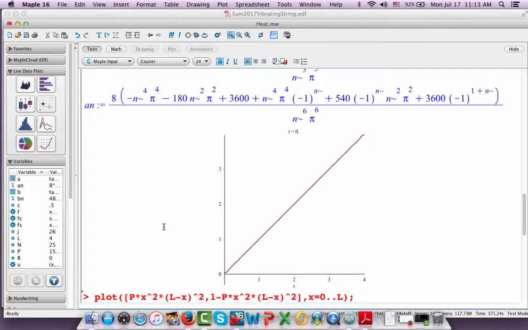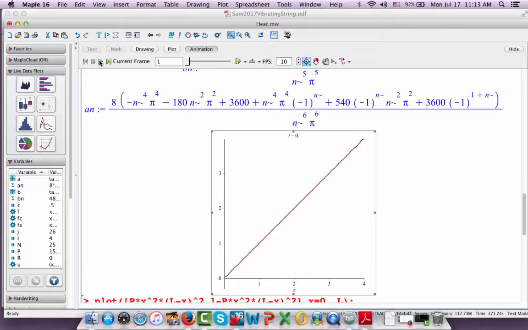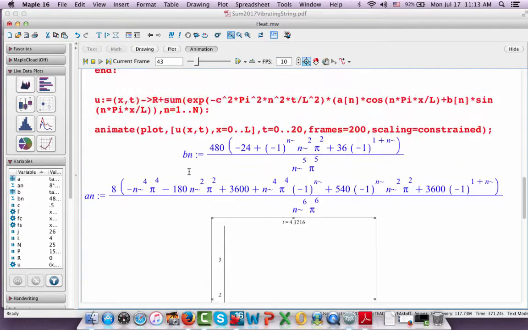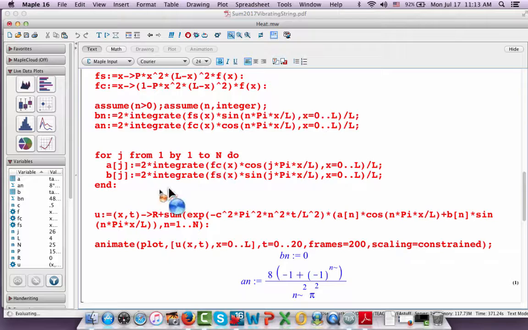We still have to have heat flow in and out. Here's the animation. Now it's going. Oh, something's wrong here. What's it doing wrong? Oh, I put 0, not 2. I wanted 2. Sorry about that.